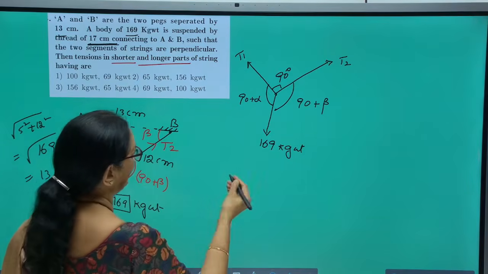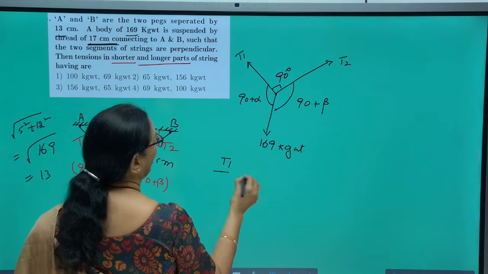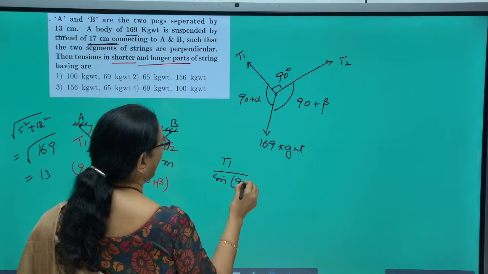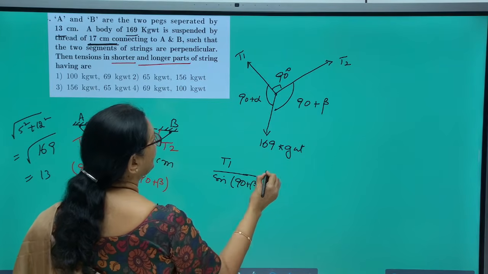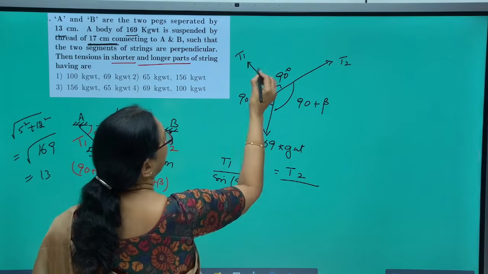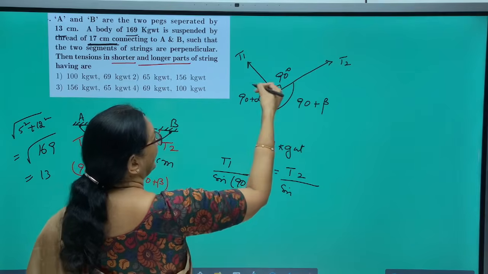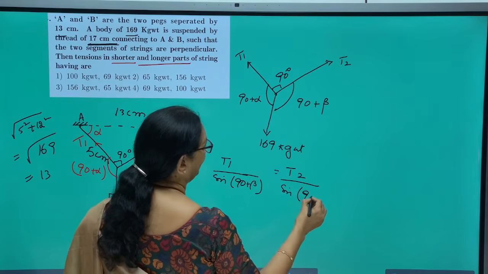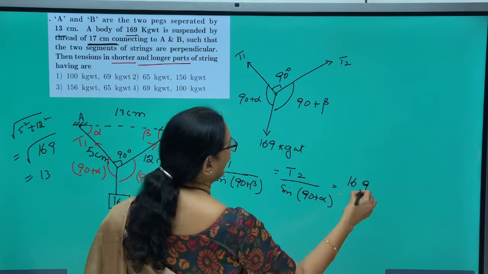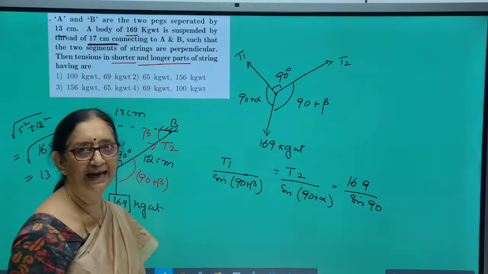From Lami's theorem, T1 by sine of 90 plus beta is equal to T2 by sine of its opposite angle, 90 plus alpha, which is equal to 169 kg weight by sine of its opposite angle, 90 degrees.